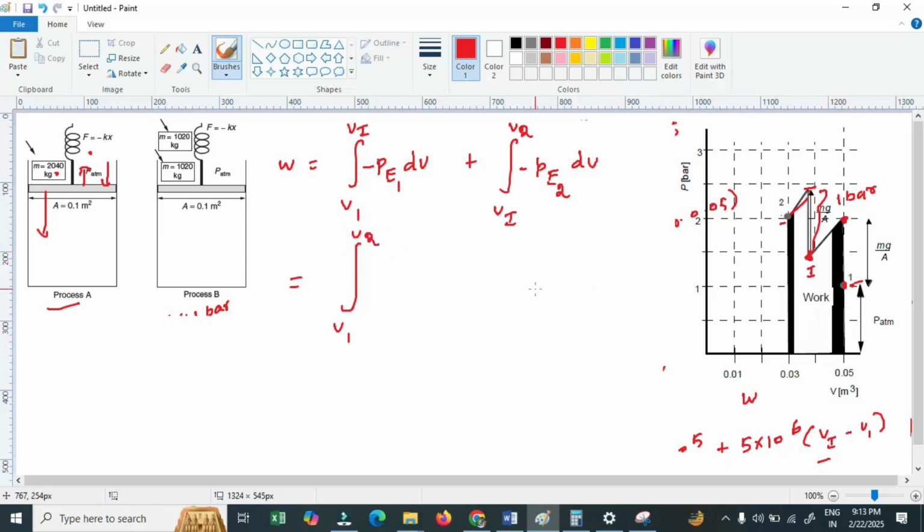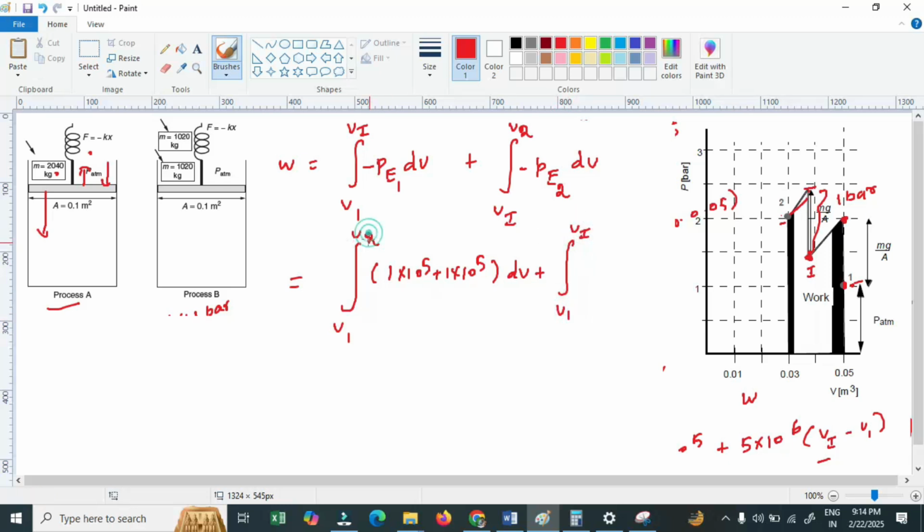First, it is the moment the first weight is placed, it is a combination of atmospheric pressure and one single weight. So 1 multiplied by 10 power 5 plus 1 multiplied by 10 power 5 into dV. I am splitting the spring force also separately. So V1 to V intermediate.